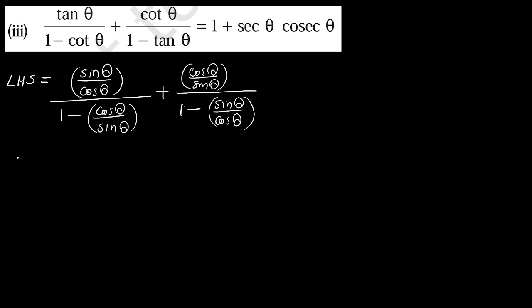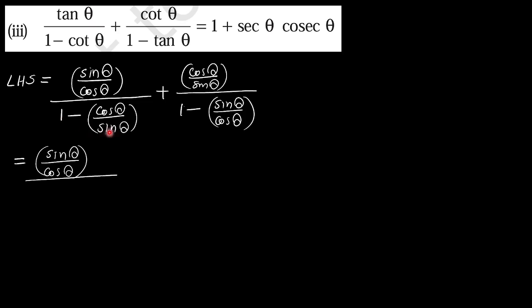The next step is, okay, everyone understood. So sin theta by cos theta. The solution is lengthy, but listen, there is a very good chance that this may be asked as a 5-mark question.